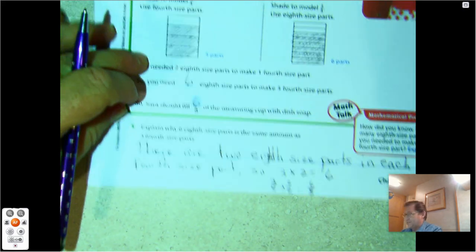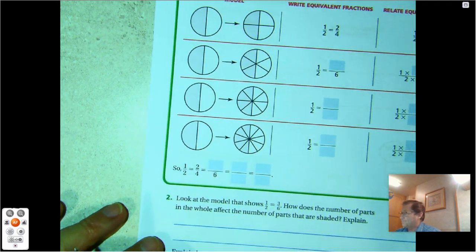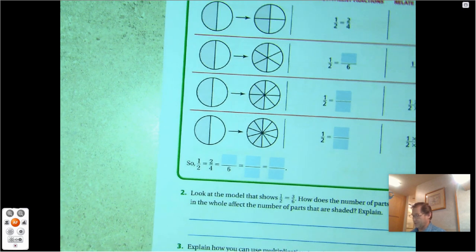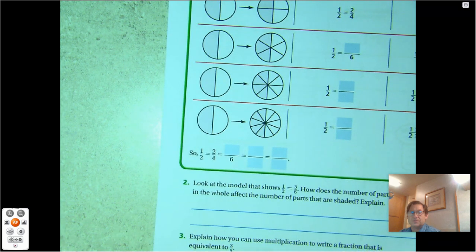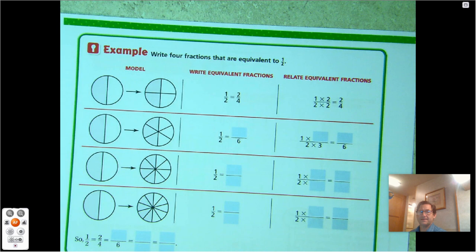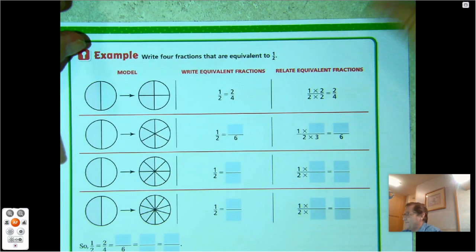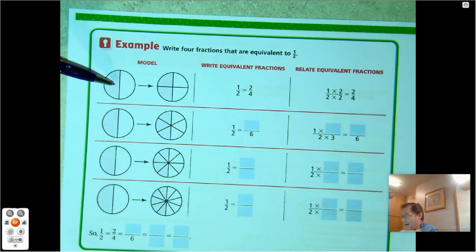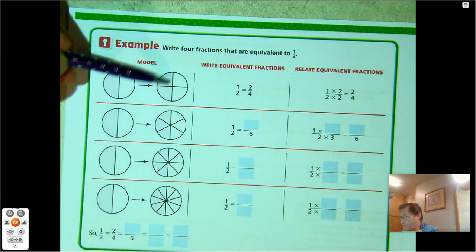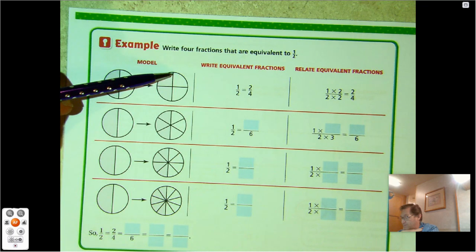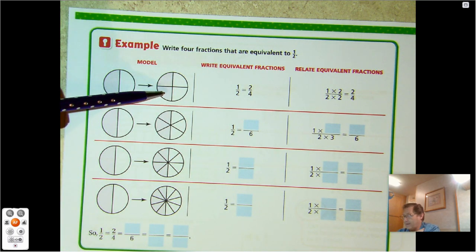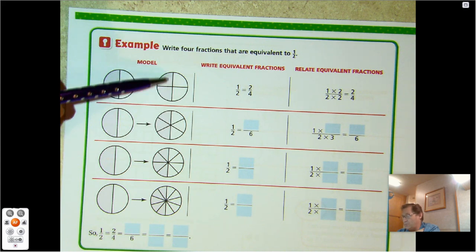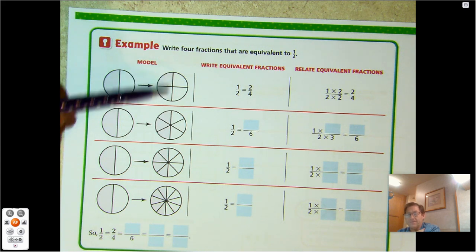All right, let's go to page 242. And on 242, the example says write 4 fractions that are equivalent to 1/2. Okay, so we have 1/2 is equal to 2/4, right? So the amount of shaded, no matter what, is still half of the circle. Okay, this one takes 2 pieces to equal half of the circle.